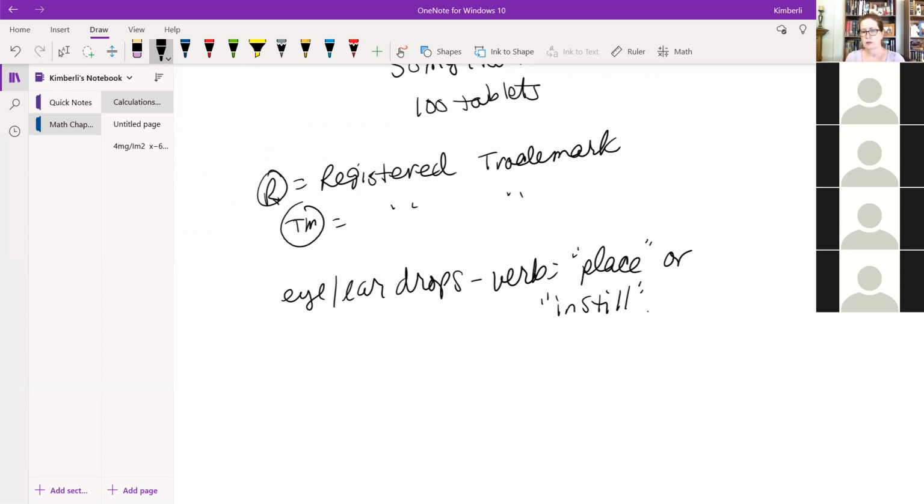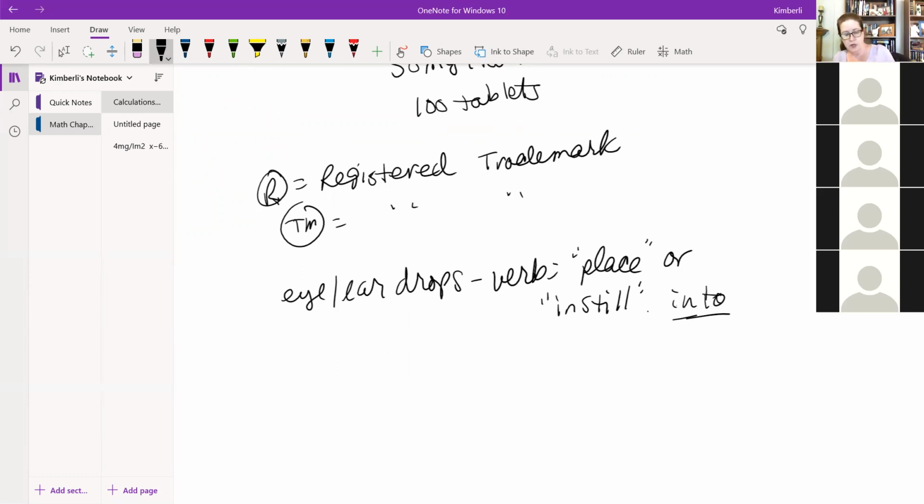Place or instill. Yes. Sometimes patients don't know what instill means, so more and more pharmacies are now using the word place. Place 1 drop or 2 drops. So your interpretation would be: place 1 drop into each eye 4 times a day for 5 days.